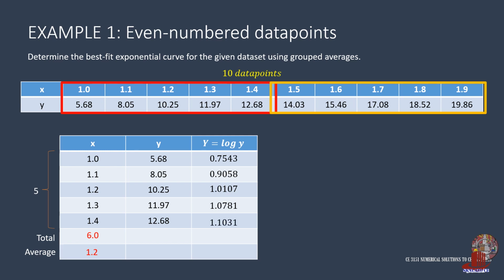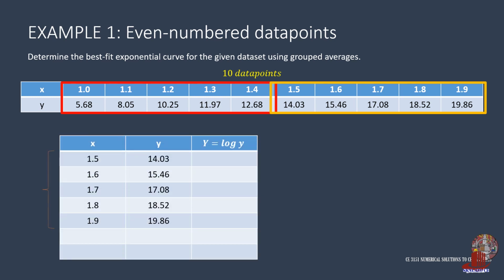And the logarithm of 12.68 is 1.1031. Add all these together to get 4.852, which when divided by 5 gives 0.9704. With the average of x and capital Y taken, the first equation is completed as 0.9704 equal to 1.2A plus B.